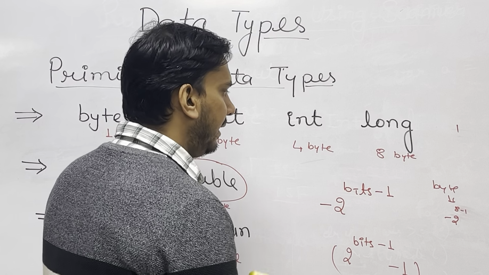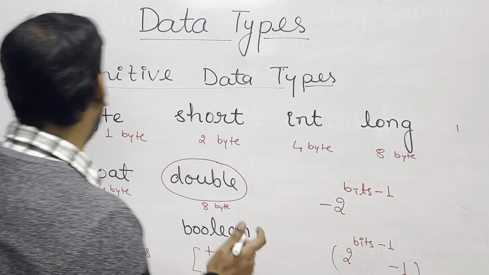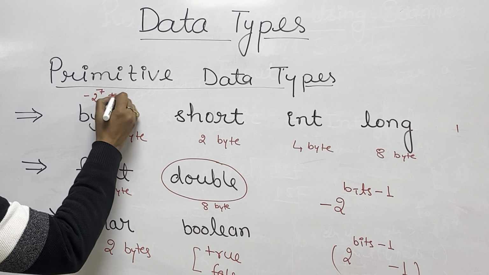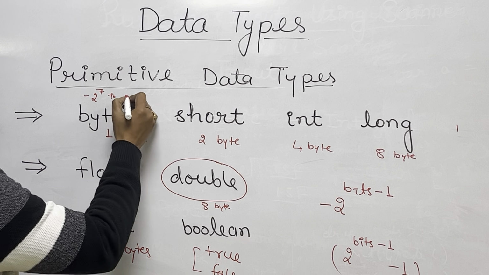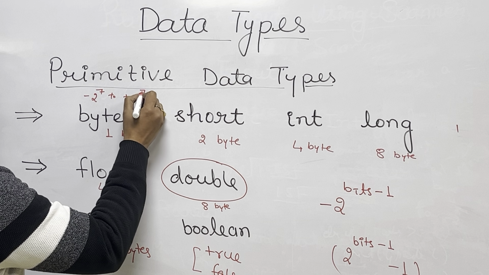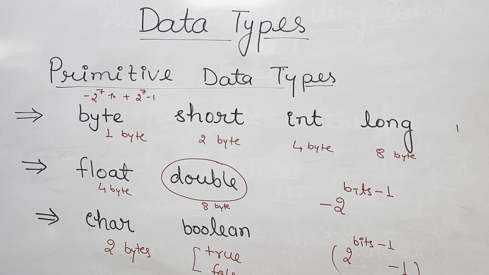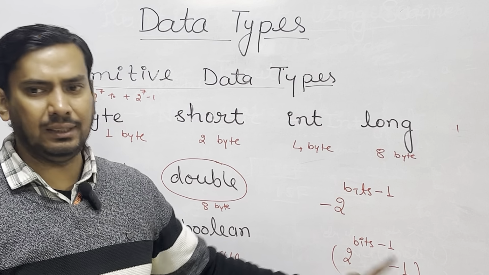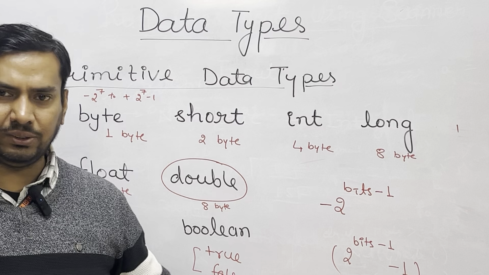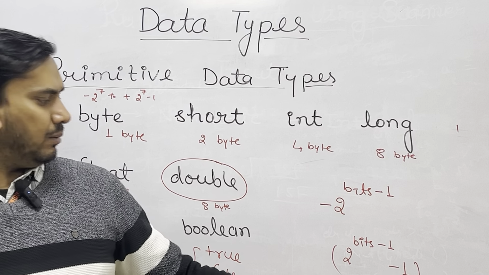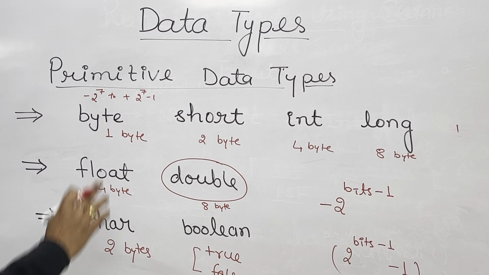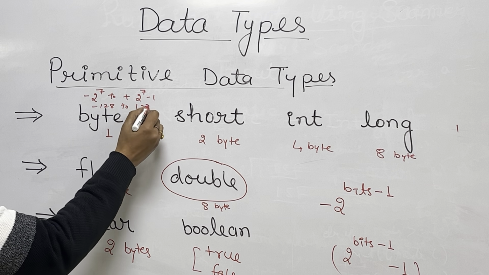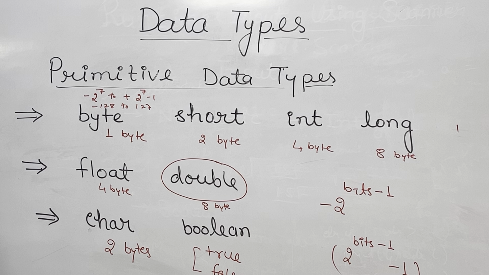So, byte can hold values from minus 2 raised to the power 7 up to 2 raised to the power 7 minus 1. Why minus 1? Because 0 is also included. So it means minus 128 to 127.